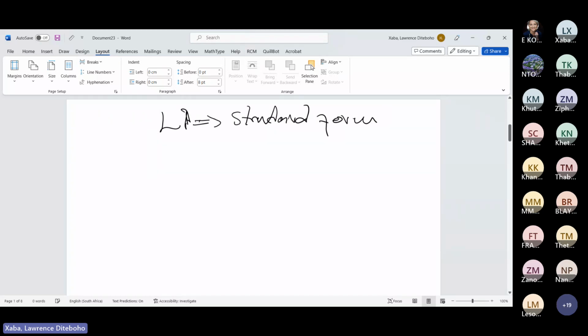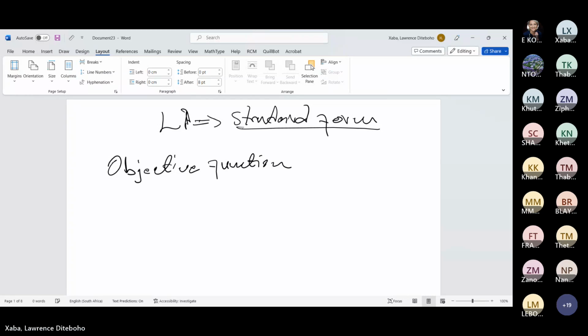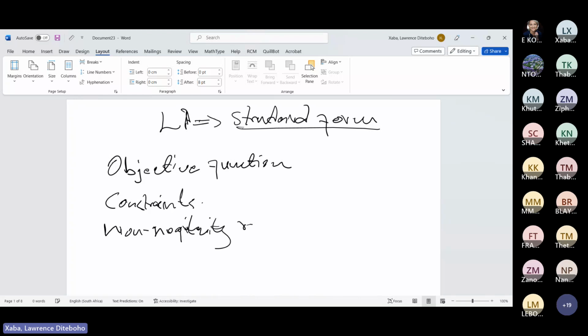This standard form is going to show us our objective function, and we have our constraints, and we have our non-negativity restrictions. So this is what you are going to see when you see an LP standard form problem.